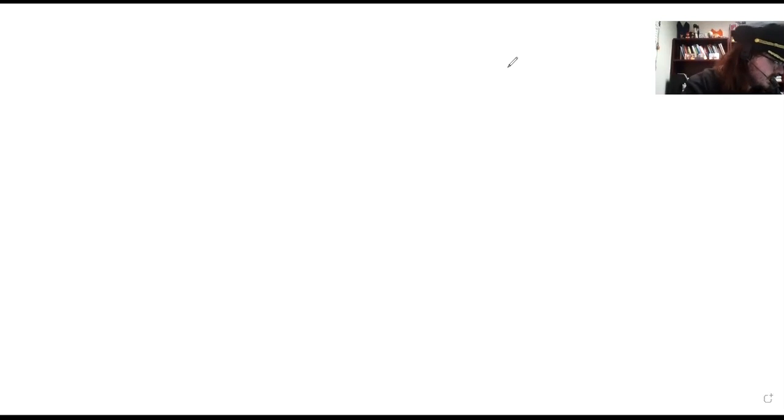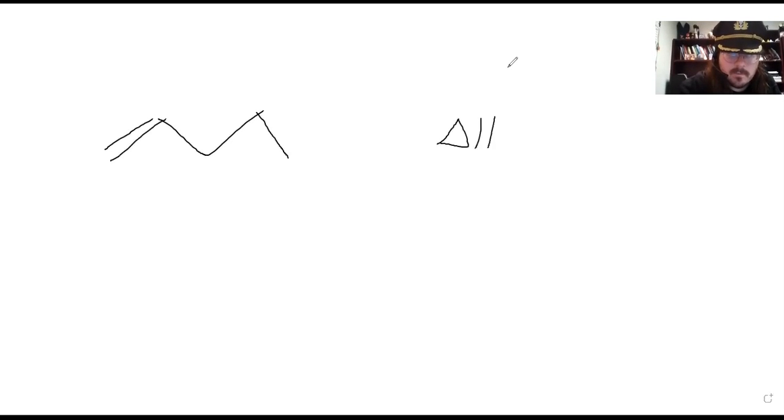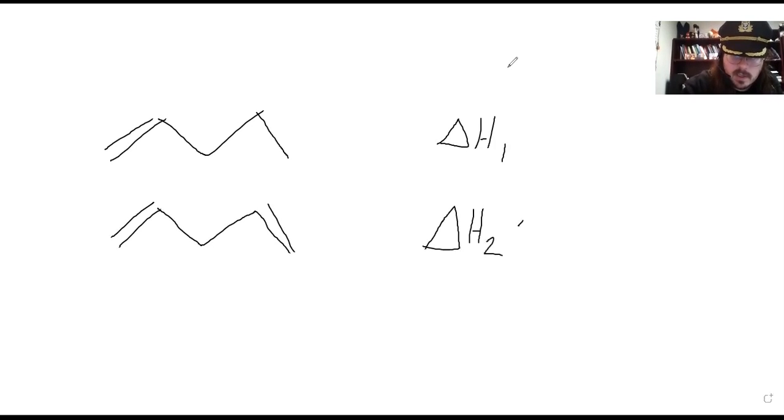Well, if we look at isolated double bonds, this guy has an energy we'll just call delta H of 1. With two double bonds, the delta H of this guy, I'm going to call delta H2, is approximately equal to delta H1 plus delta H1.